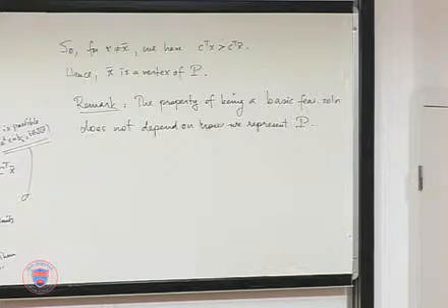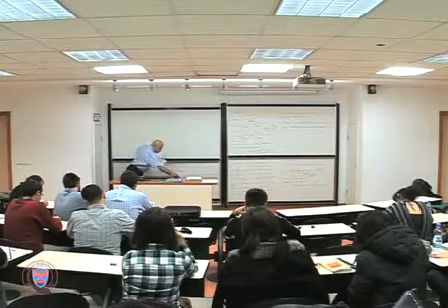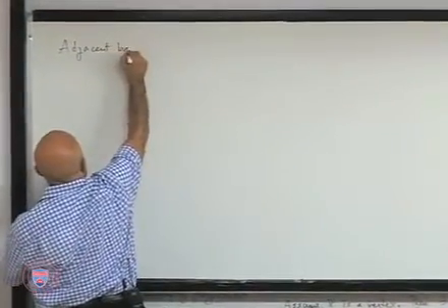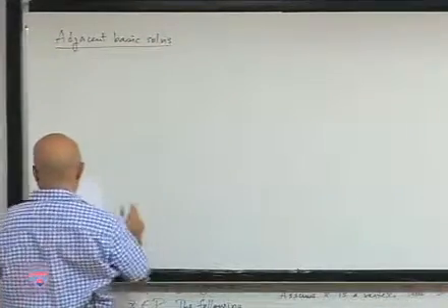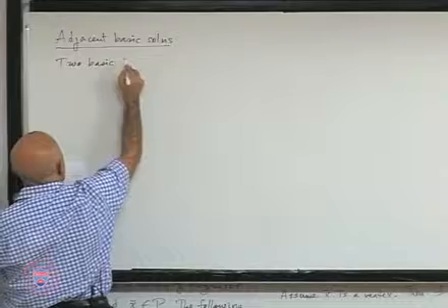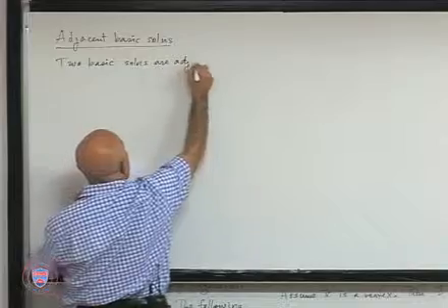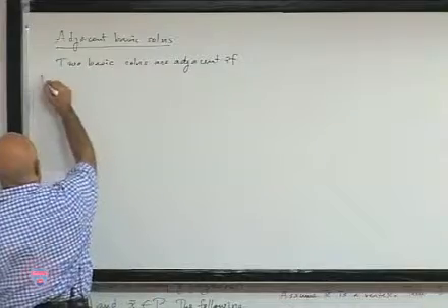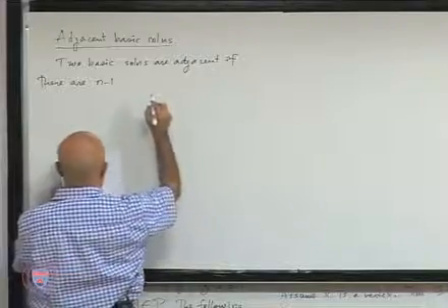Let's talk about adjacent basic solutions now. We say two basic solutions are adjacent if there are n minus 1 linearly independent constraints that are active at both of them.